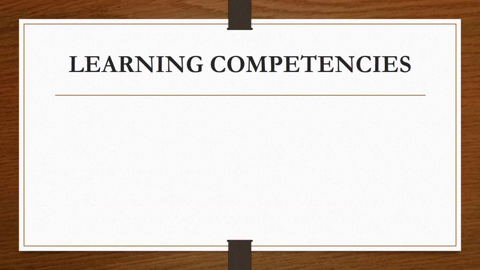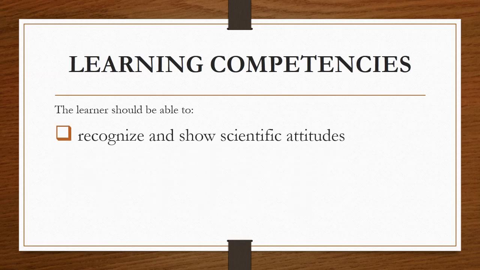But we have learning competencies to meet at the end of this quarter. So what are the learning competencies? You as the learner should be able to, number one, recognize and show scientific attitudes.